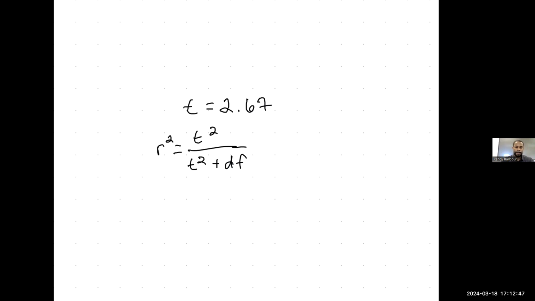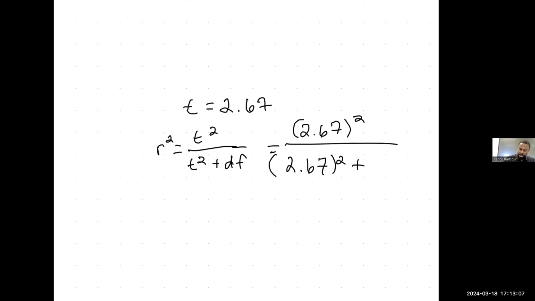So you have your t, which is going to be 2.67 squared over 2.67 squared plus my degrees of freedom for that particular case. I think it was n equals 9, so the degrees of freedom is 8, so plus 8.